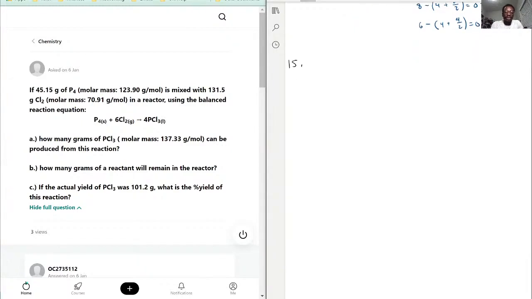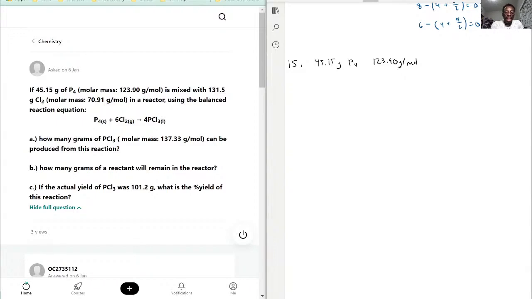So we have 45.15 grams of P4, okay? And they do give us a molar mass, which is 123.90 grams per mole. And when they give us the molar mass, we use that number in our calculations. We don't go back and look it up in the periodic table, okay?